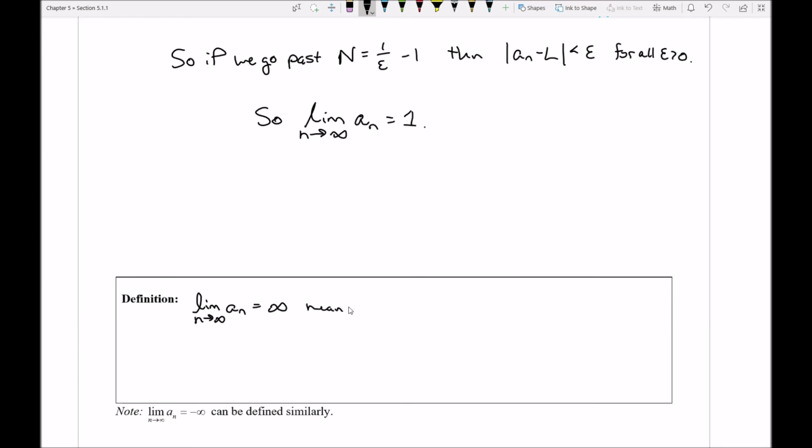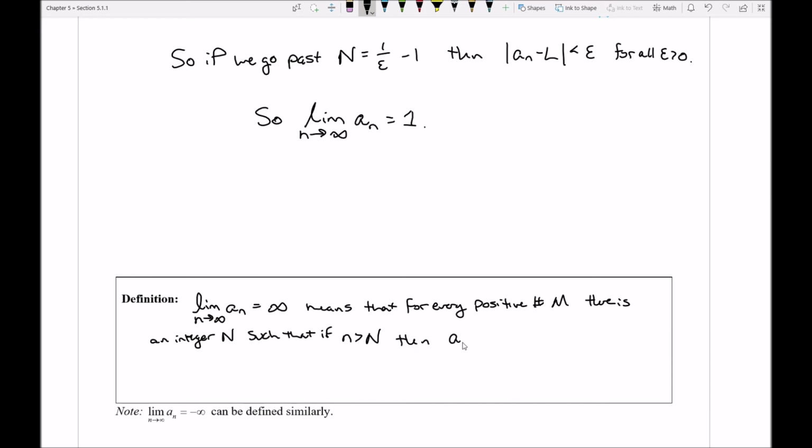Well, this means that for every positive number m, there is an integer capital N such that if little n is greater than big N, we would have a sub n is greater than m.